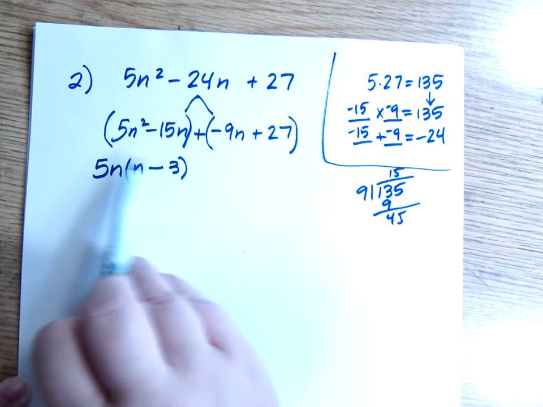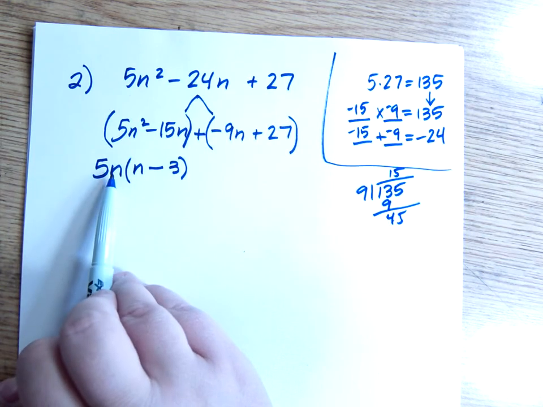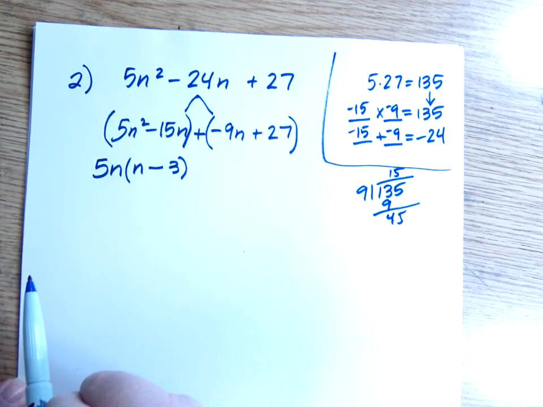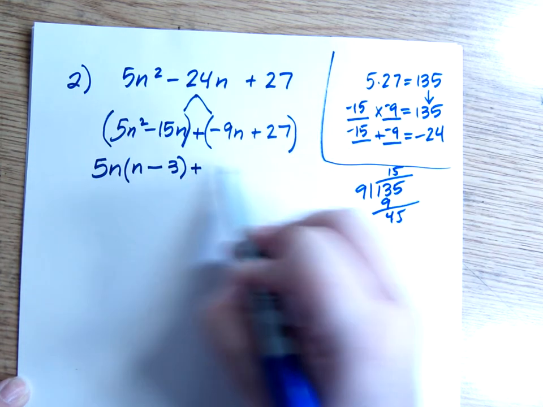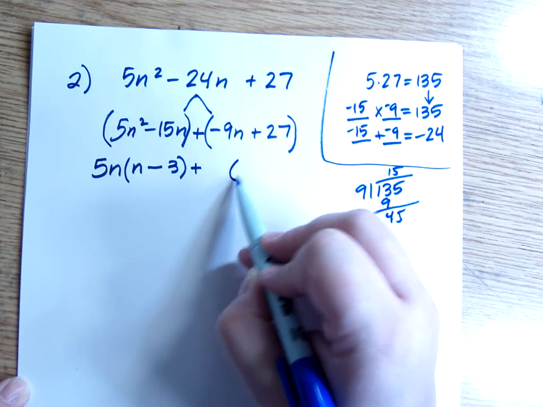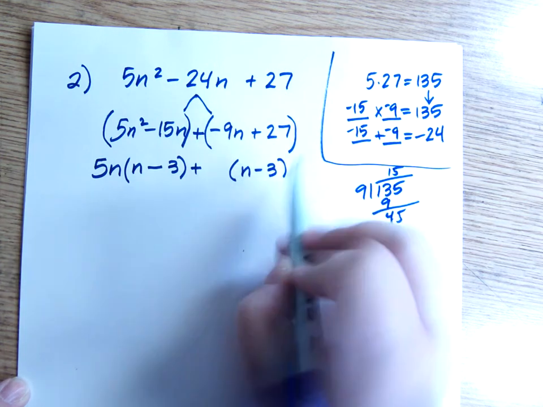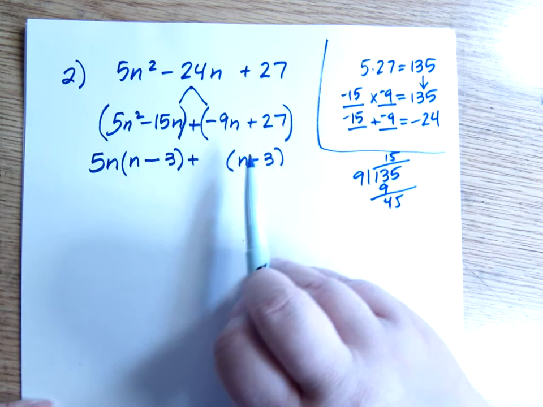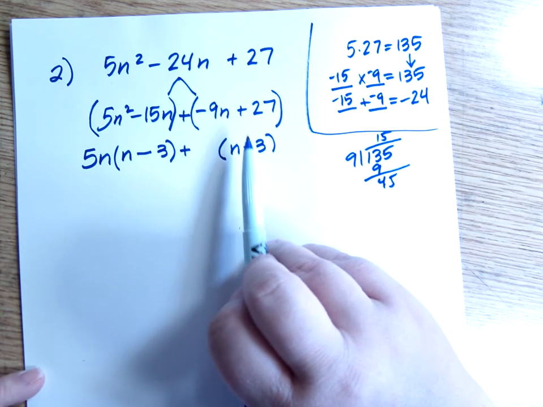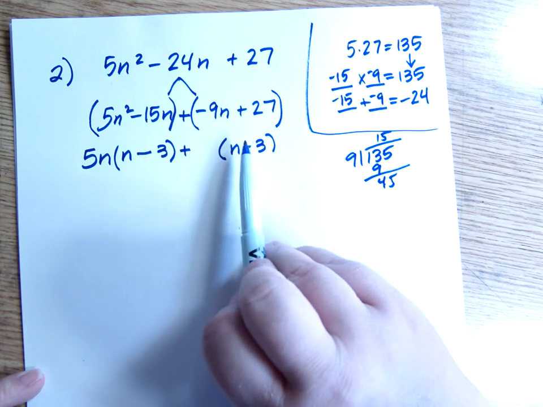Remember that whenever you take a GCF out, to check yourself, you can do distributive property. Now, the second set, it's not necessarily a GCF we're taking out. It's whatever we'll leave behind n minus 3 because these two have to match. So this is a good example of sometimes you have to kind of play with what you take out.